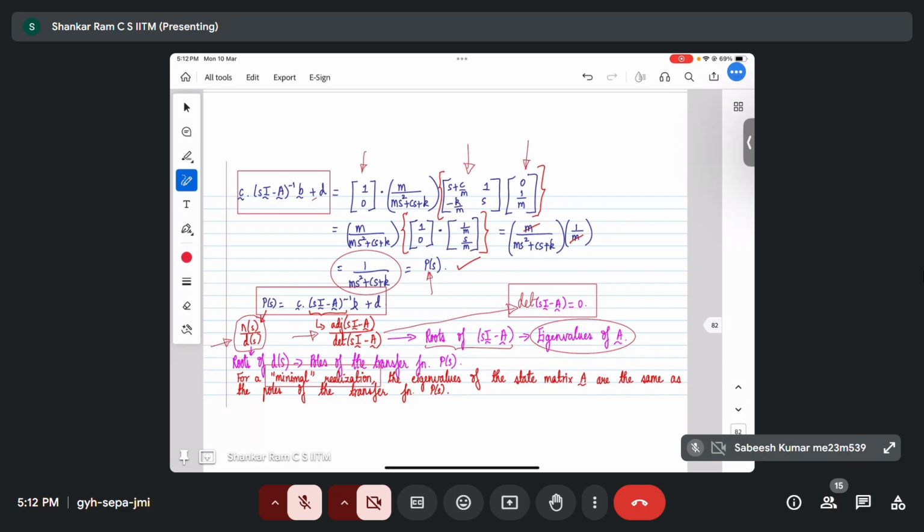Okay, right? So essentially, this is an important requirement. So the point is, why is this important? For what purpose did we use poles of a transfer function when we did control design and systems analysis?